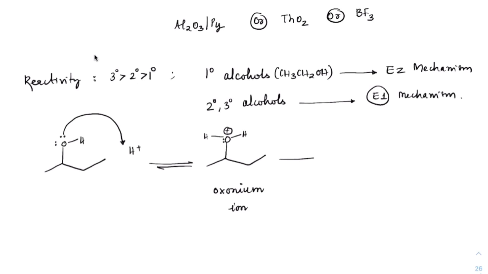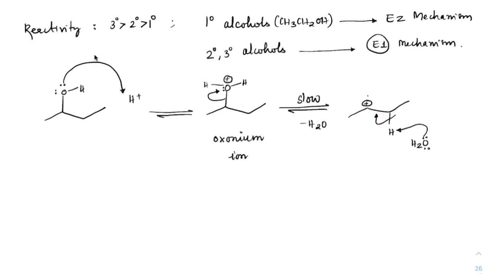Now from the oxonium ion, slowly H2O will depart this way. OH2 will depart from here. So then what do we have? We will get the carbocation here. There is a proton here at the beta position. So water, the solvent, acts as a base, extracts the proton and makes a double bond.